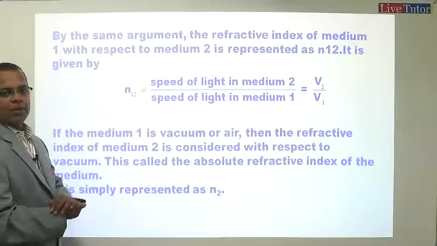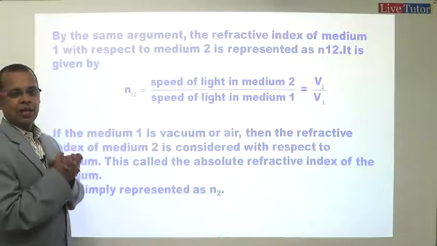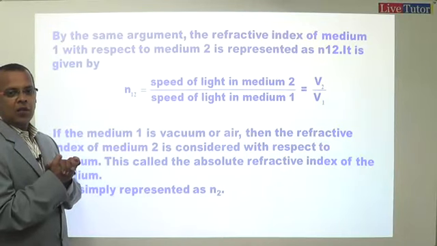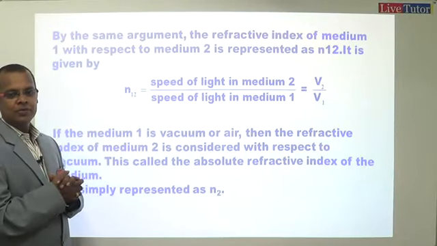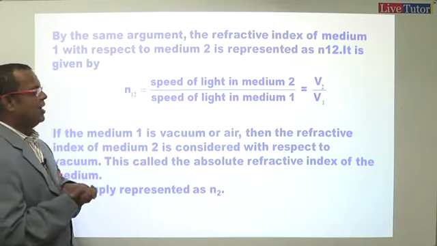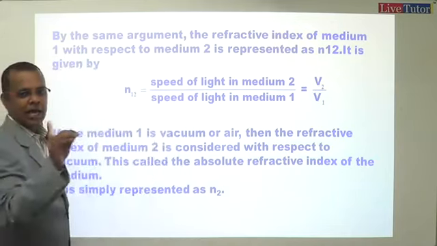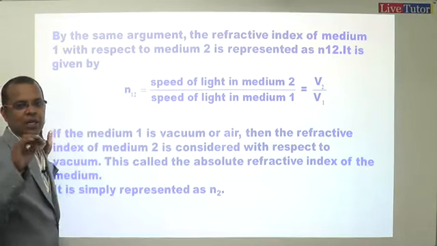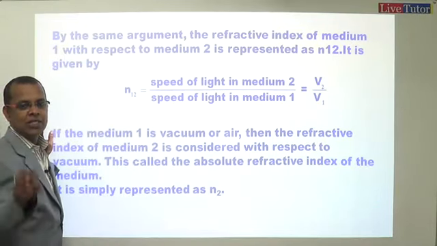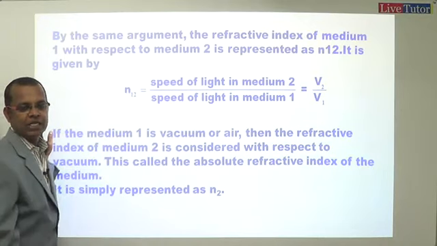Okay, if the medium is, say for example, vacuum or air, suppose we are taking one medium, air or vacuum, with respect to the other medium. So that is called the absolute refractive index of the medium.